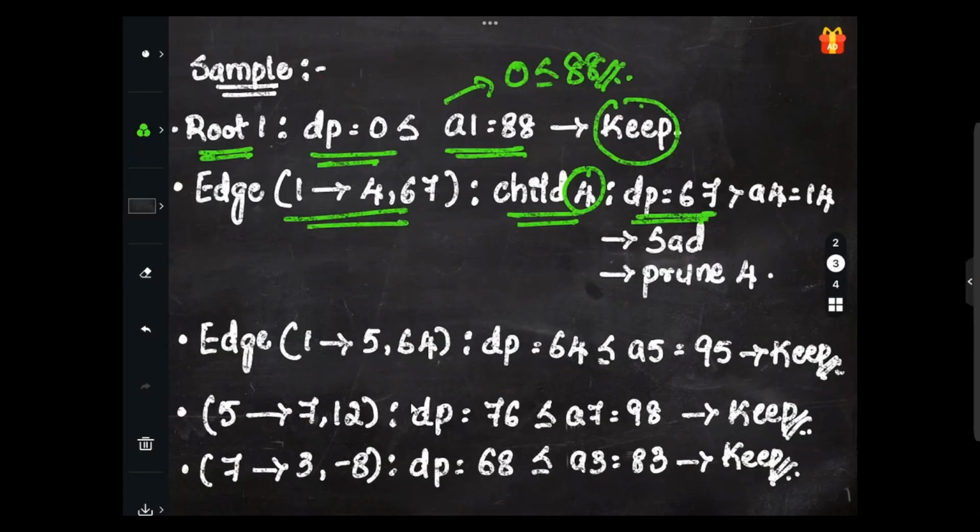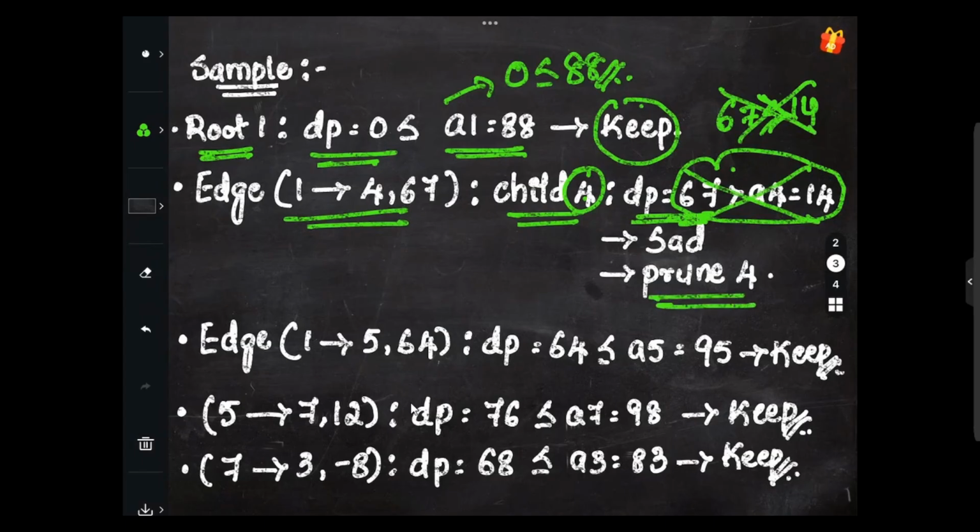The dp has to be less than 14, but dp is 67, which is greater than 14. So this fails. This is sad, so we will prune 4 as we are going to child 4.